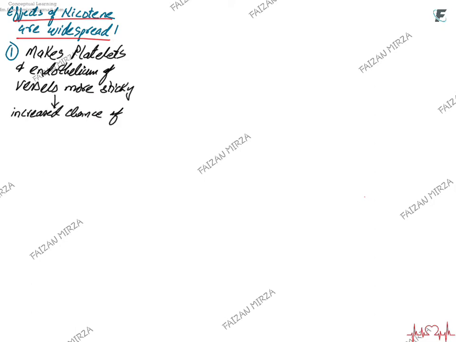And moving on, let's discuss what effects nicotine would have. Widespread use of nicotine can cause widespread effects all over the systems. So let's start with the effects here. The main effect is on the blood. It would cause platelets and the endothelial lining of the vessels to become more sticky.